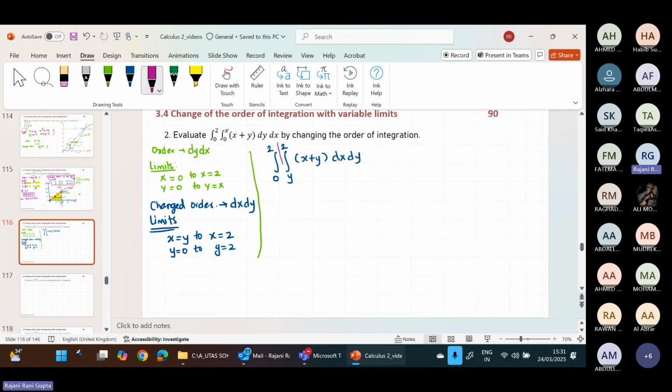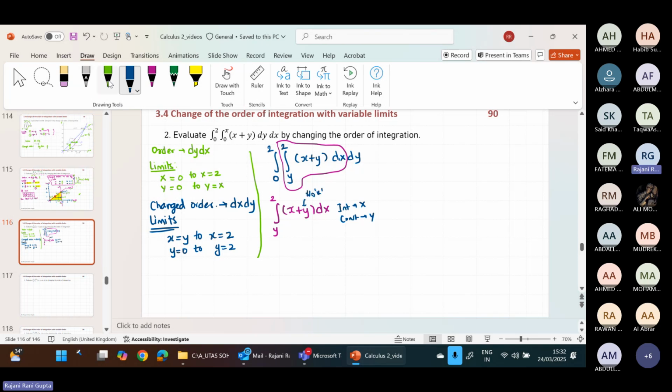When you start solving, it is the same as 3.2: solve this double integral with variable limits. When you integrate (x plus y) dx from y to 2, you are integrating with respect to x, and y is a constant.